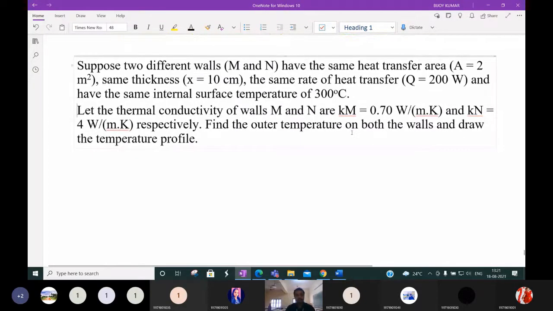Please read the screen. Suppose two different walls are there, wall M and wall N, having the same heat transfer area. Kindly listen carefully.